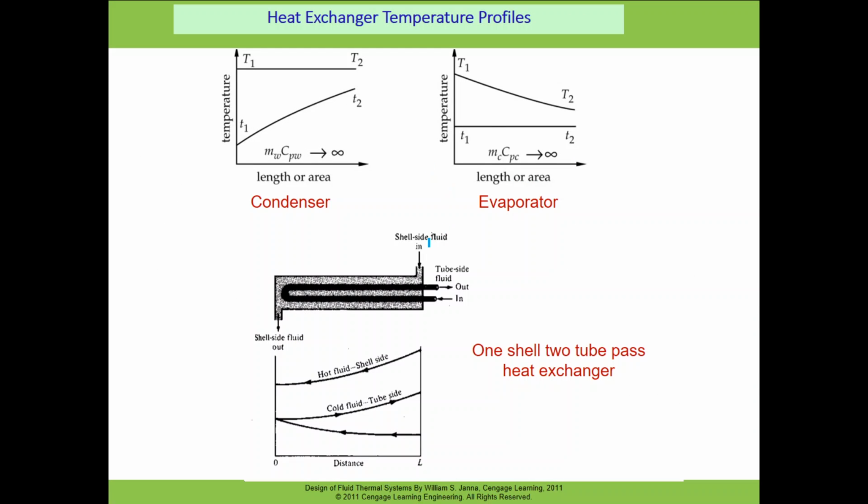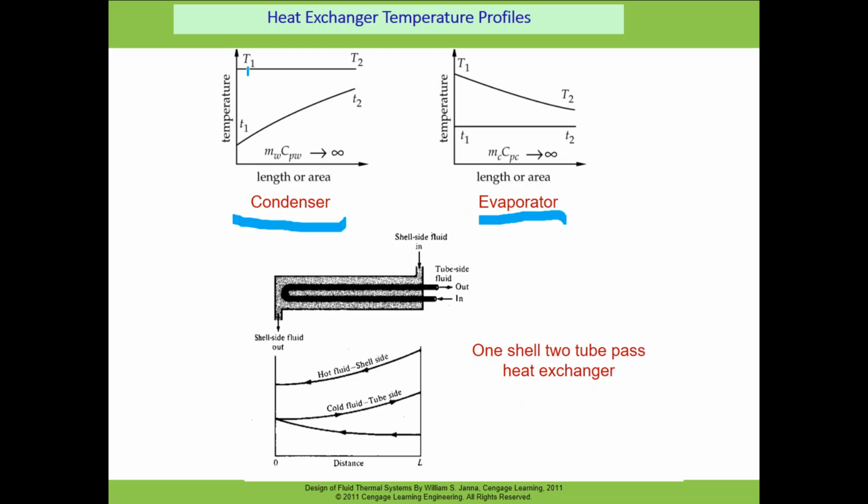Here it is interesting to note the temperature profile for condensers and evaporators. For condensers, as we know, the warm fluid temperature remains constant, that means the warm fluid is changing its phase, from gaseous phase to liquid phase, and the cold fluid which is cooling this warm fluid just rises in temperature, so it is sensible heating of the cold fluid.